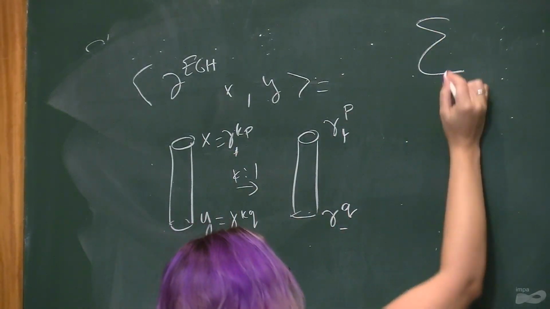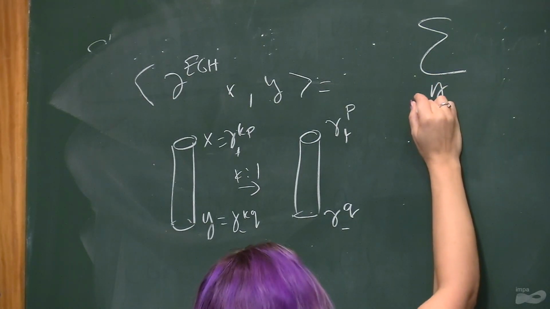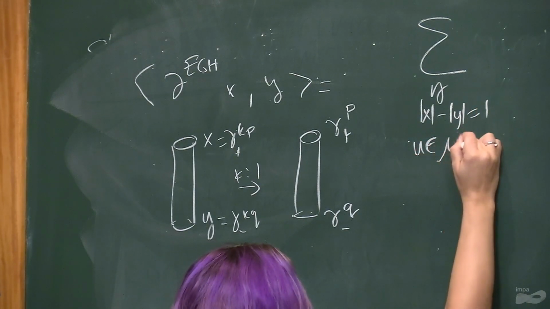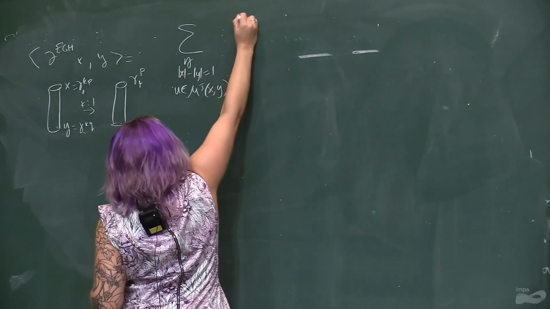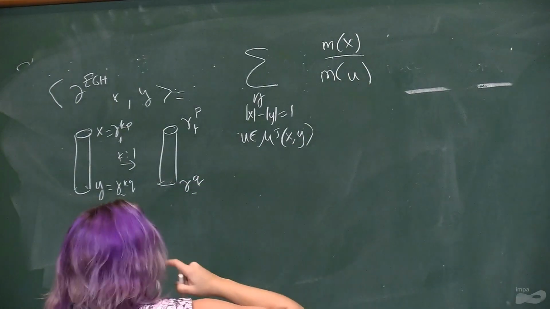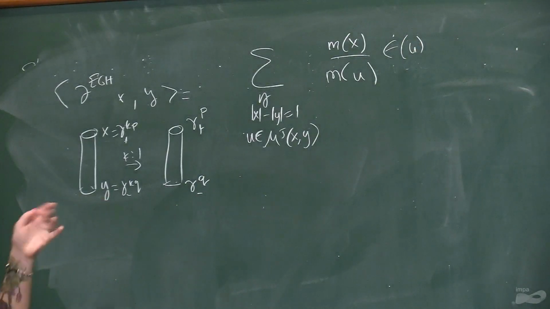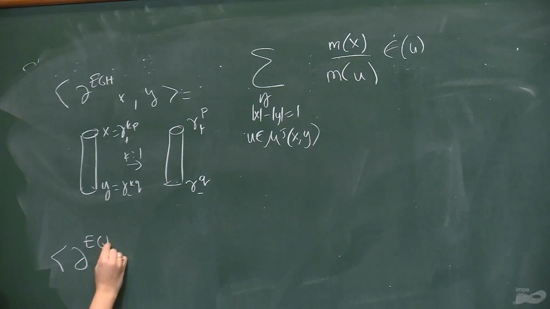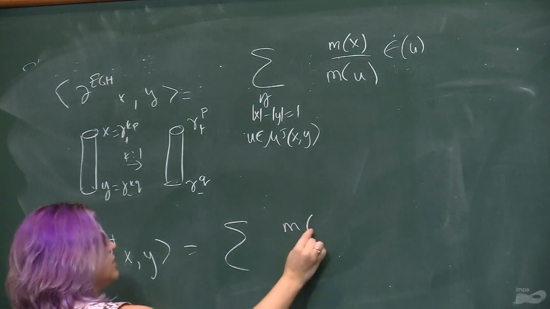Then you sum over the y's of index difference 1, and you want u to be in this moduli space connecting x to y, and then the coefficient is going to be the multiplicity of the top Reeb orbit divided by the multiplicity of the cylinder, and then you have some choice of coherent orientations to orient your cylinder. And the other way to define the differential is to encode the multiplicity of the bottom.